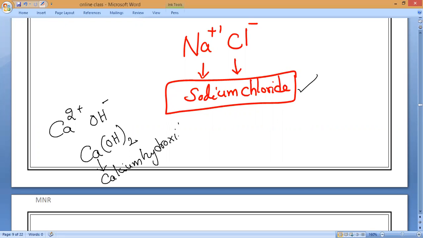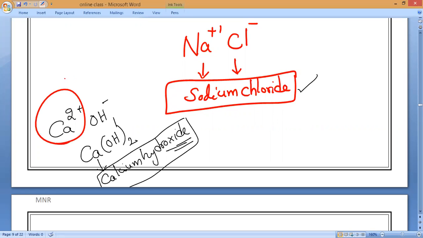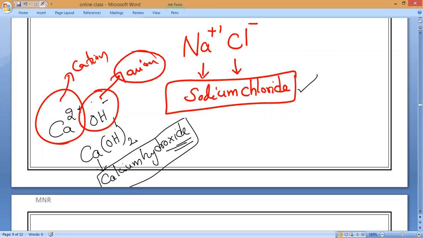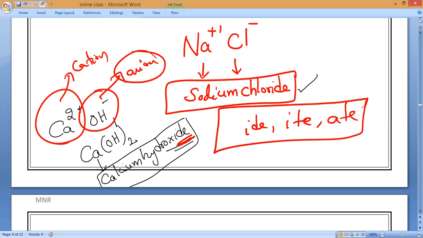So what is the name of that compound? Calcium hydroxide. See, here who is the anion, who is the cation? Calcium is the cation and OH minus is the anion. So an anion always ends with IDE, ITE or ATE. This is what you have to remember. Hope everybody is clear?